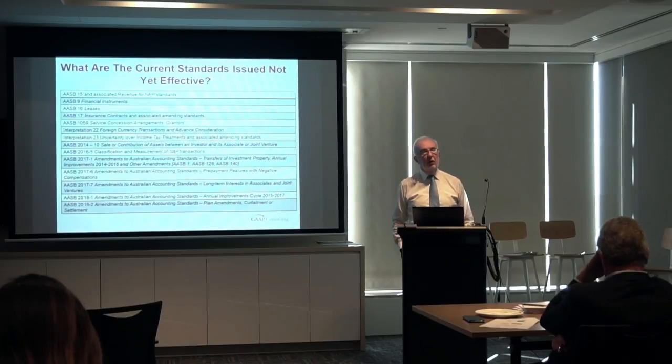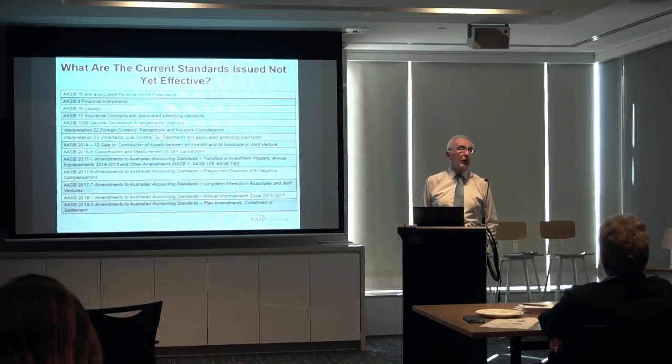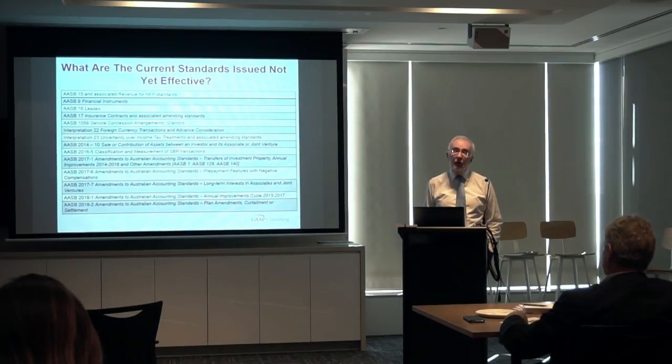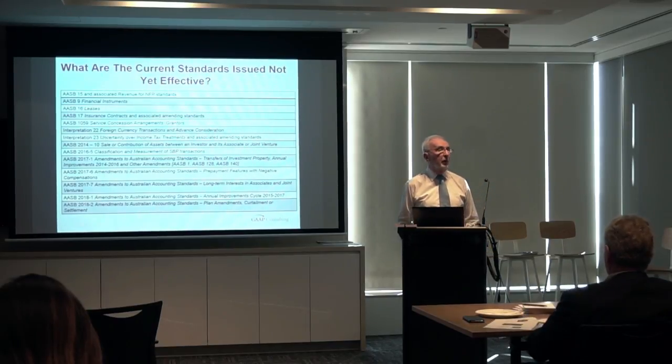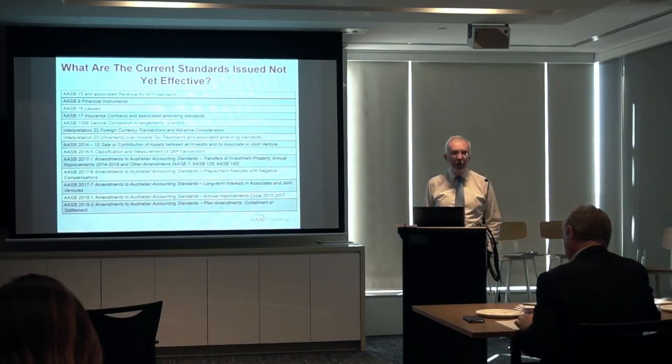So you're telling the users of accounts two things there. One, that you've got an asset, a right of use, and a liability that's going to be reflected in the accounts. And secondly, you're going to be able to put a qualification around those.